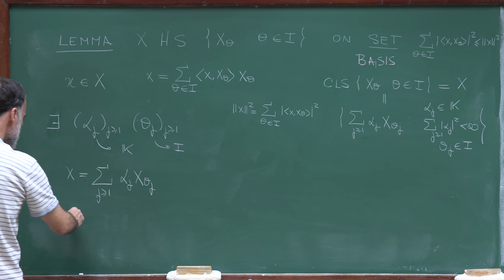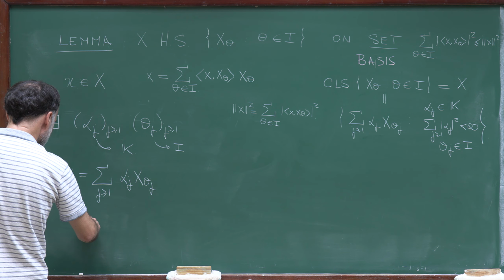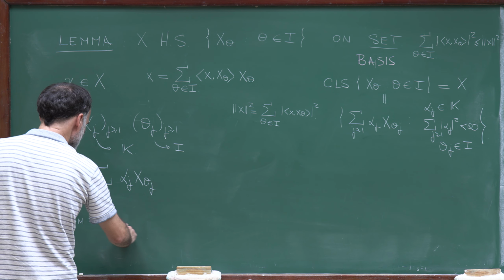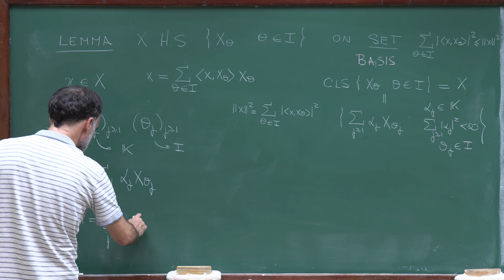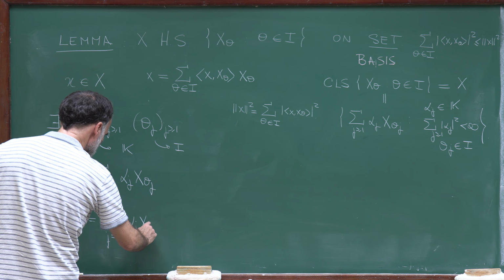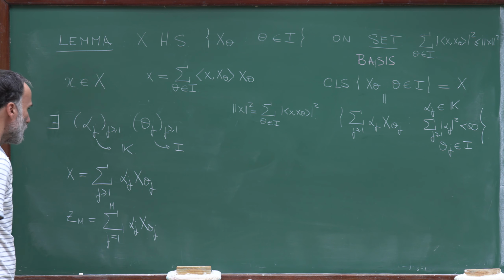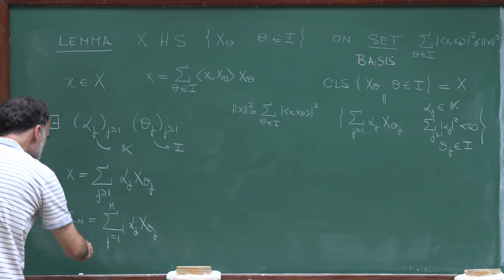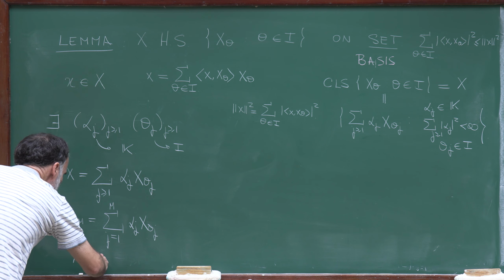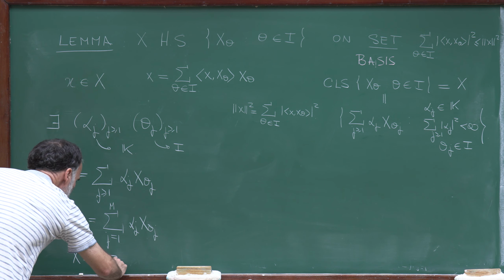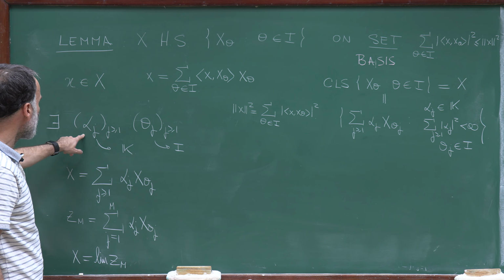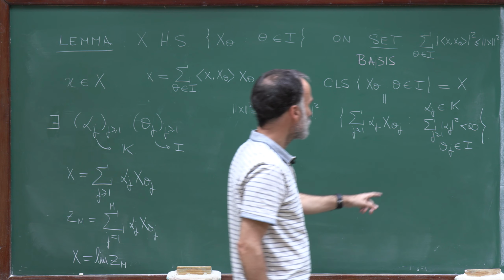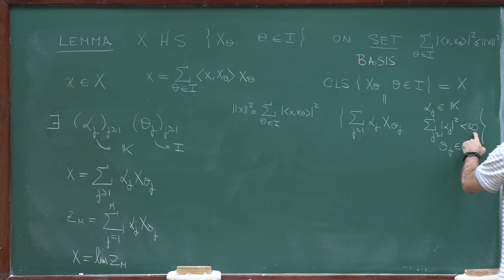Let me call Zm this partial sum. And by definition, x is the limit of Zm.